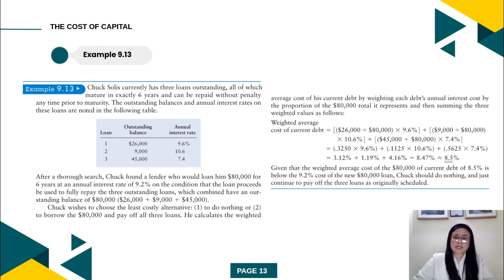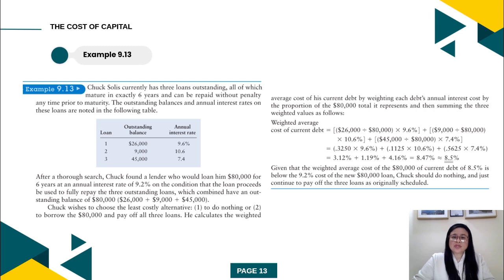So to decide, he calculates the weighted average cost of his current debt. Using the formula, as you can see in this example, the weighted average cost of Chuck's current debt is 8.5%. So you can see it's 8.5, which is lower than the 9.2 rate that's being offered to him.